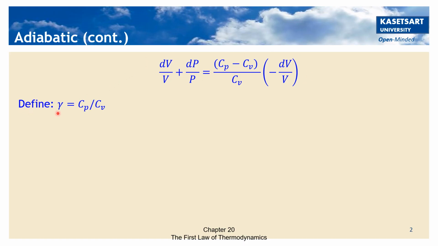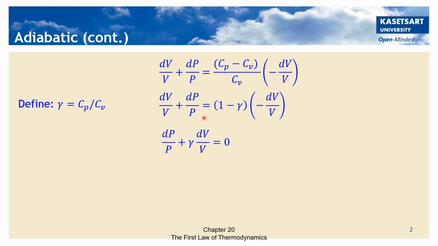Then if we define gamma as Cp over Cv, we can make the equation more simple as dV by V plus dP by P equal to (1 minus gamma) times minus dV by V. We rearrange the equation. This will be cancelled. We can have dP by P plus gamma dV by V equal to 0.